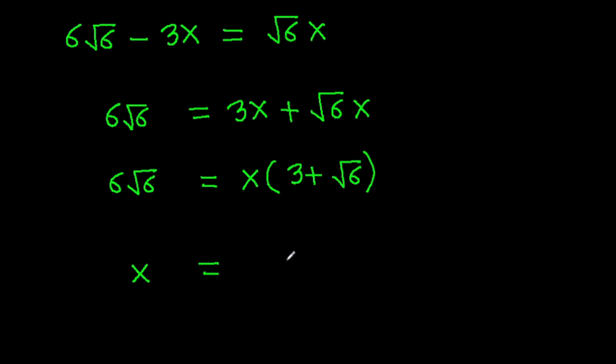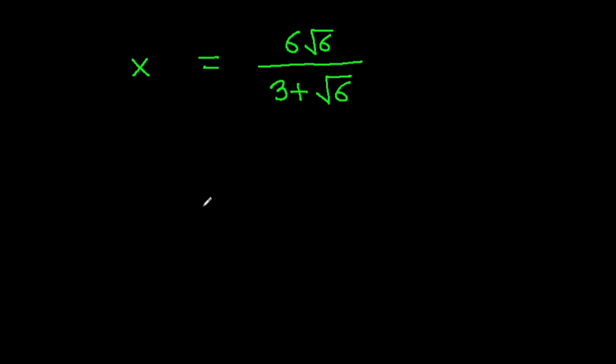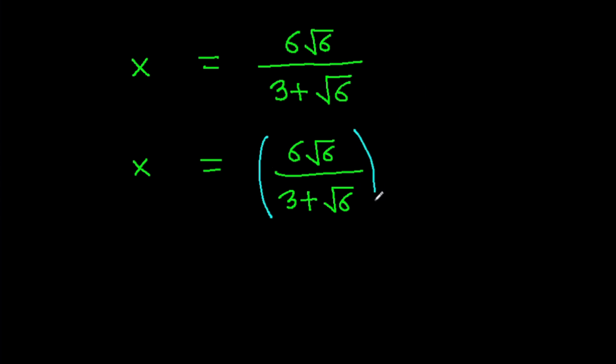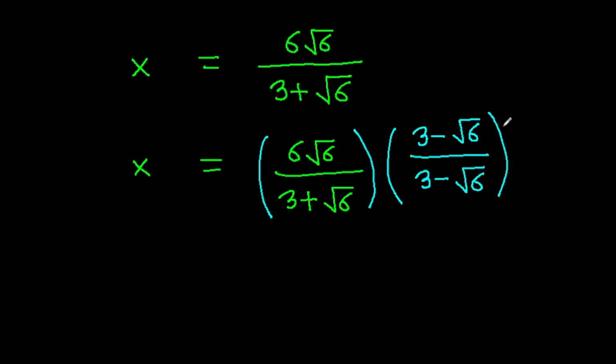So x will be 6 root 6 over 3 plus root 6, and we have x is 6 root 6 over 3 plus root 6, and if we multiply it with 3 minus root 6 over 3 minus root 6, then we know that a plus b times a minus b is a square minus b square.